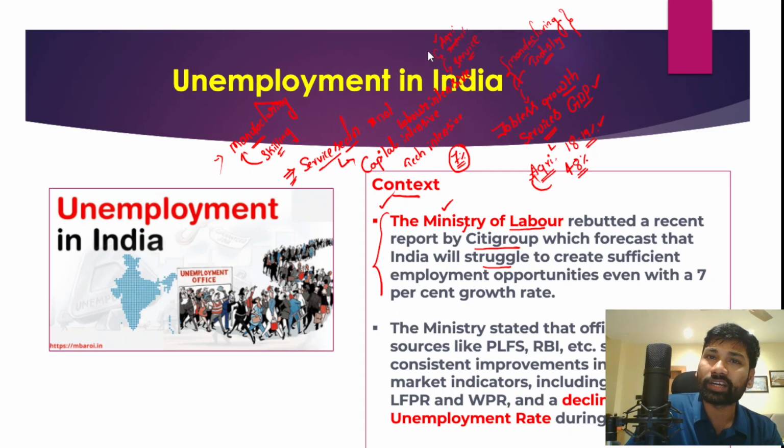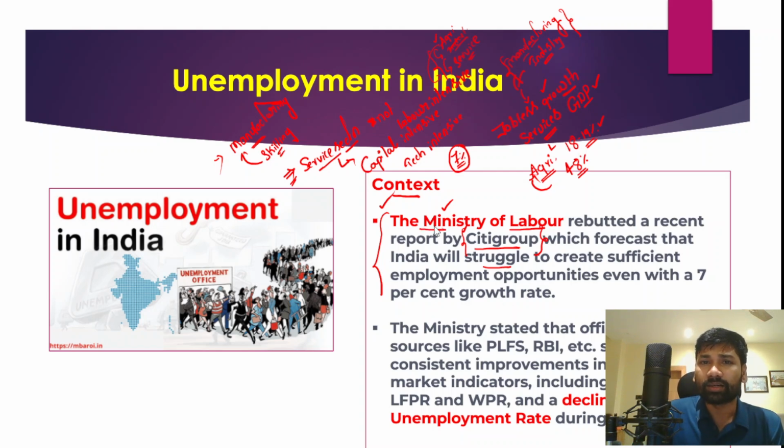This is how economic transition takes place. But India skipped manufacturing and industry and jumped from agriculture to services, and because of that, India's growth is known as jobless growth, and the Citigroup report findings are also in conformity with this jobless growth statistics.